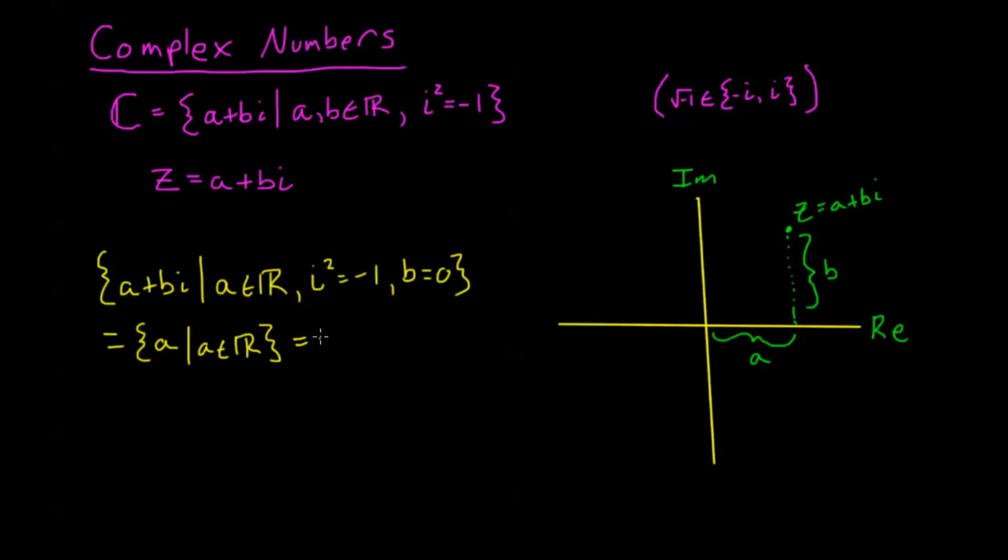Or in other words, the set of all real numbers, right? So in the complex plane, you can think of it this way. In the complex plane, when b equals 0, we have this real axis. This is exactly the same thing as our real number line, isn't it? So we see that, in fact, the real numbers are a subset of the complex numbers, aren't they? So here I'm going to go ahead and complete my chain. So in the special case when b equals 0, all the complex numbers are actually real numbers, and I can get any real number that way.